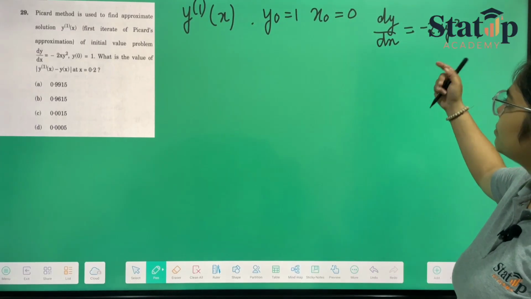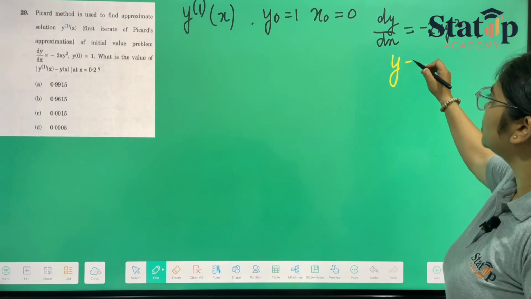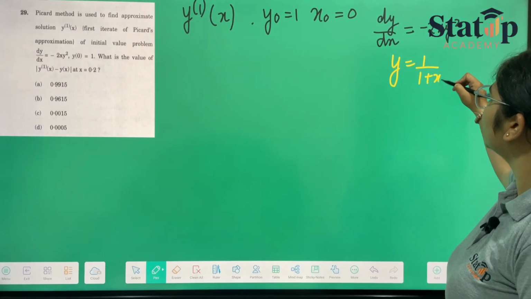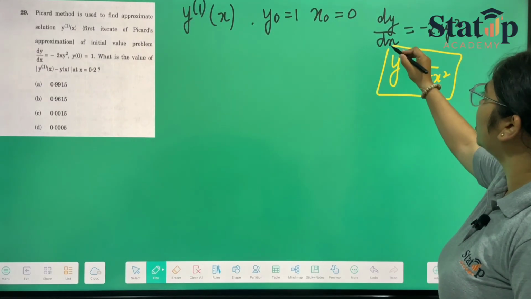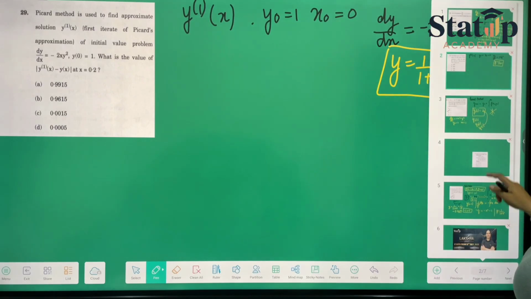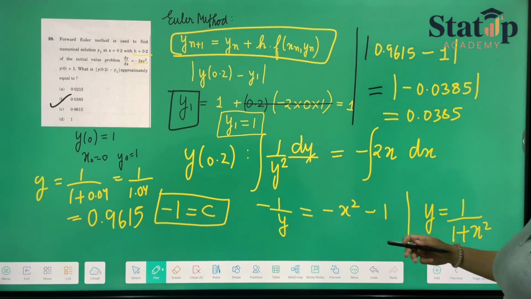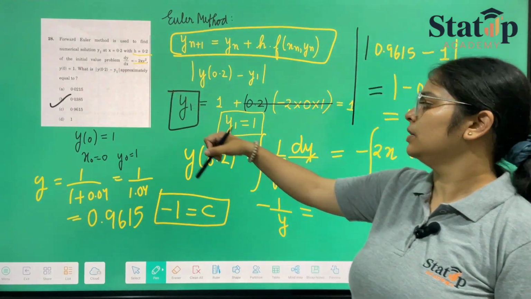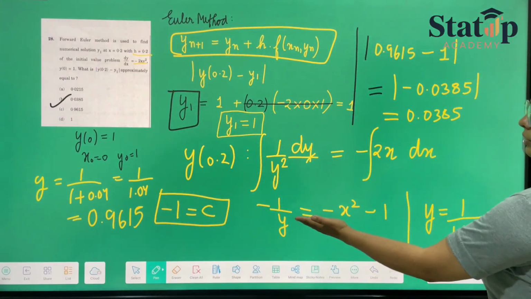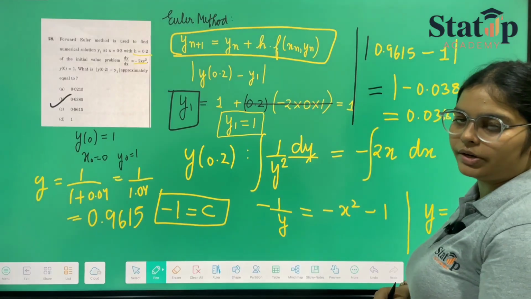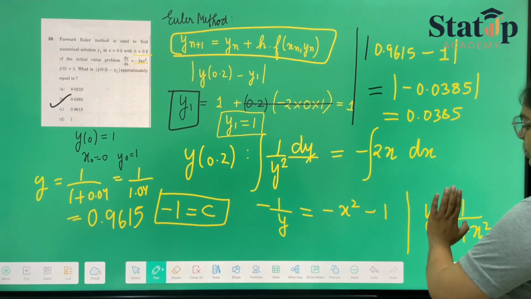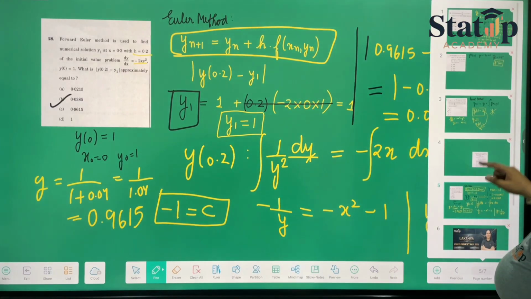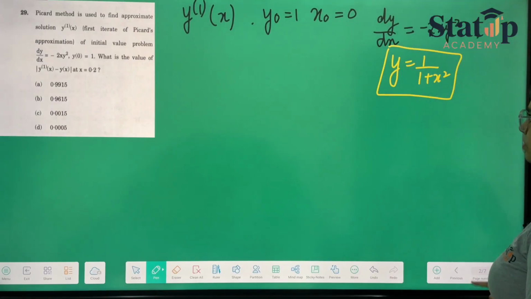This will be the same as that equation. y will be equal to 1 upon 1 plus x square, as I've told you in Euler's method. Here the equation was similar, dy by dx equals minus 2xy square. So instead of calculating all of this, you can recalculate it and find the answer. The same equation will come, y equals 1 upon 1 plus x square.